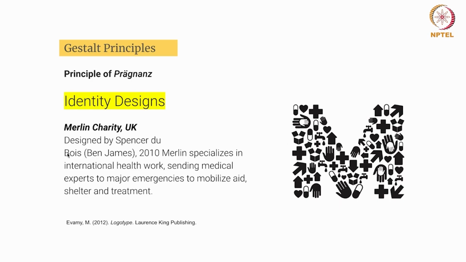So this was designed by Spencer Du Bois in 2010, and it is associated with Health Works, sending medical experts to major emergencies to mobilize aid, shelter, and treatment. And that's why such symbols are part of the logo.